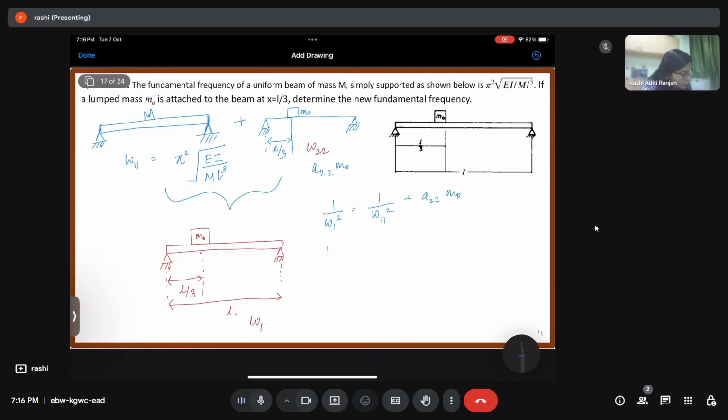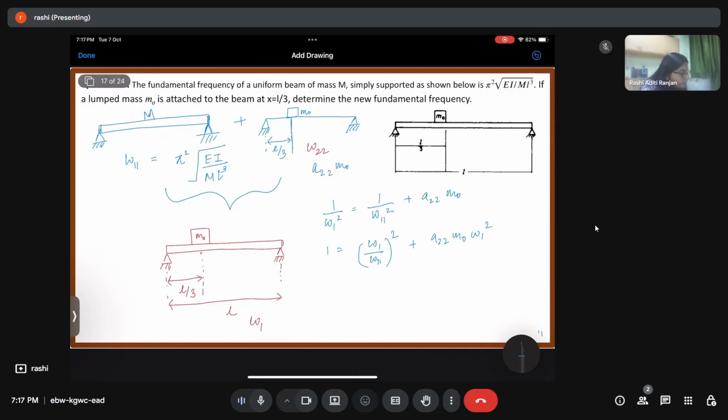So we get 1 is equal to omega 1 square by omega 11 square plus A22 M naught into omega 1 square. Right? We can write it like this.